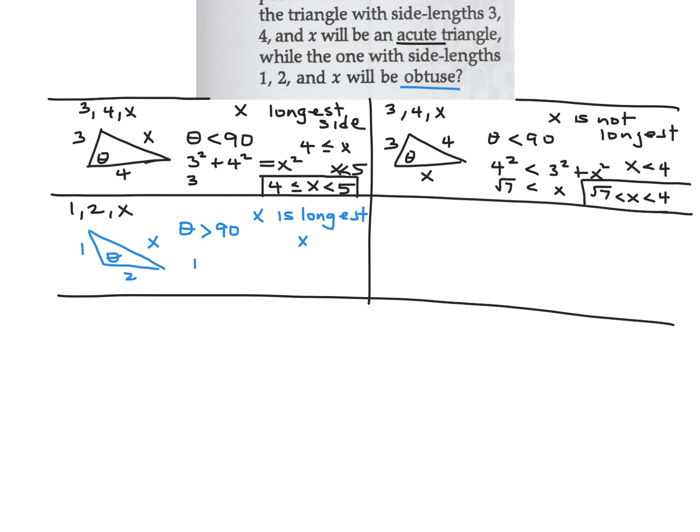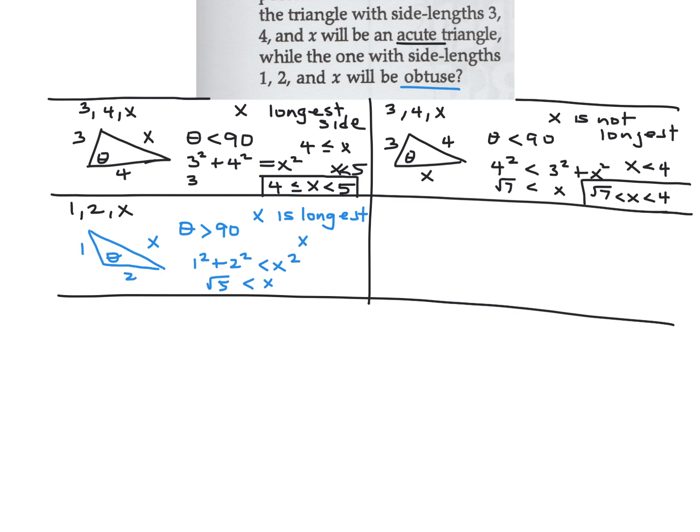First, let's do the Pythagorean relation. Because it's greater than 90, this would be greater. So that means x would be greater than root 5. Yeah, x would be greater than root 5. And then, I got it.